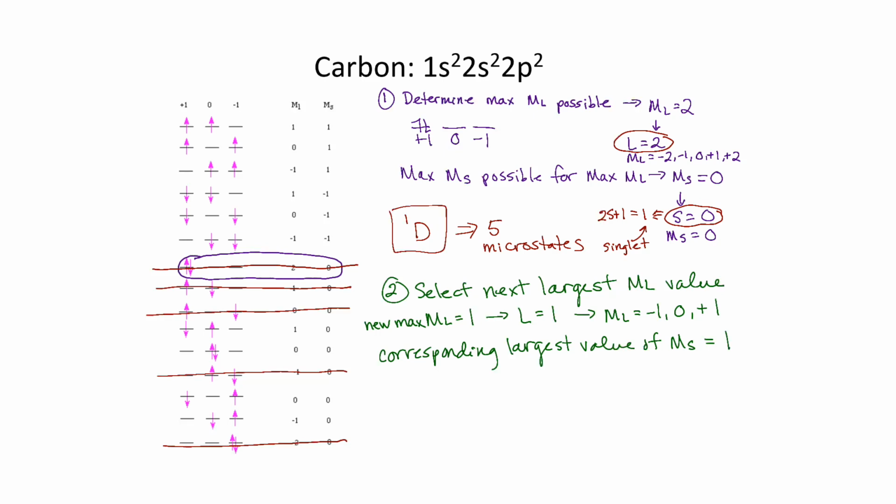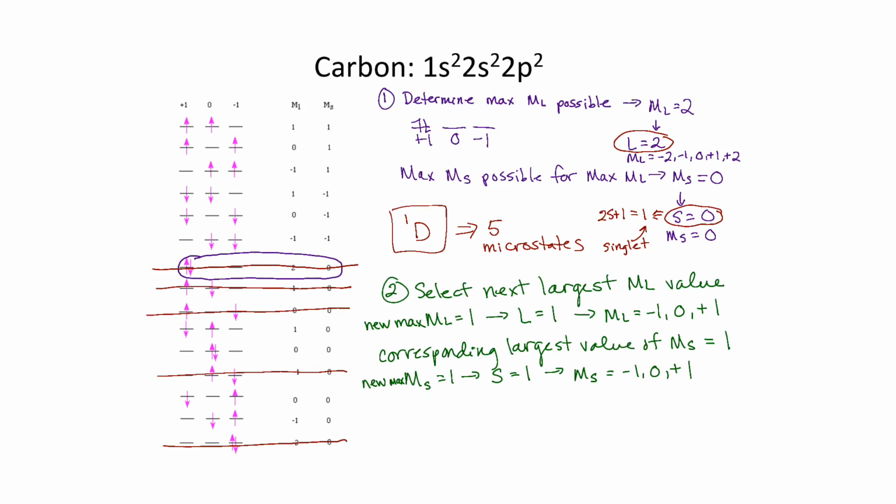Same association there. So m sub S equals 1 leads us to a possible maximum S value of 1, which gives us possible m sub S options of minus 1, 0, and plus 1 this time. So again, new max m sub S for that.